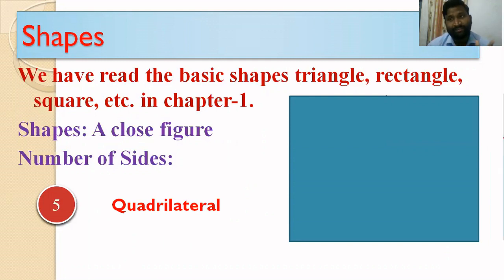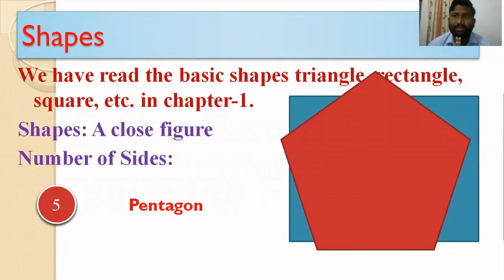Next, if the number of sides is 5, we call it pentagon. And how does pentagon look? These 5 sides are there, so pentagon looks like this. Okay, if it has 6 sides, so it is called hexagon.